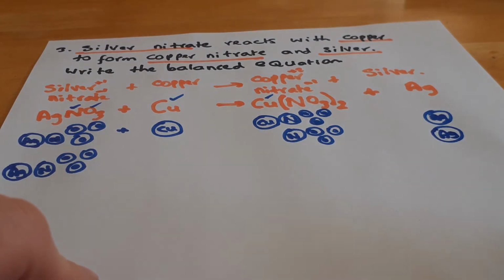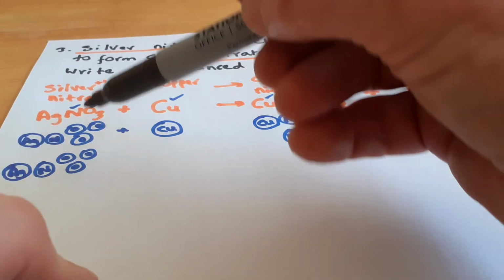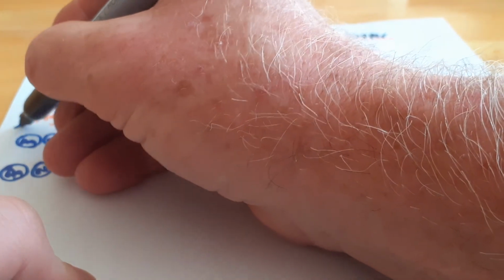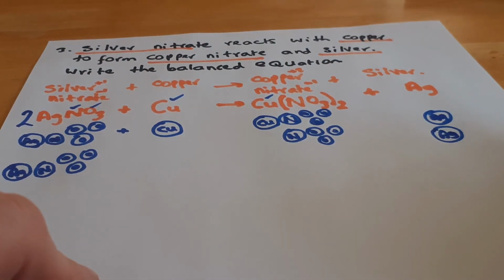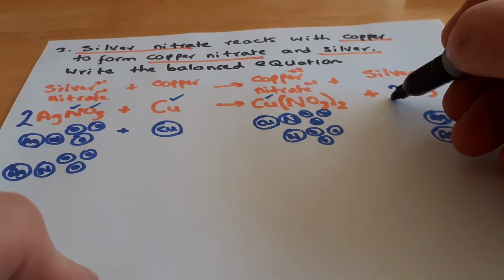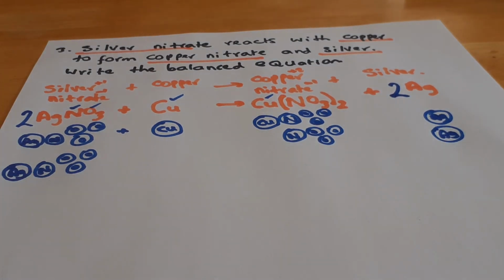So in terms of the balancing, we've got 2 molecules of silver nitrate, 1 of copper, going to 1 of copper nitrate, and 2 atoms of silver. Now, that's the most complicated type where we've got brackets, which you see by leaving the oxygens to last, everything else just falls into place.